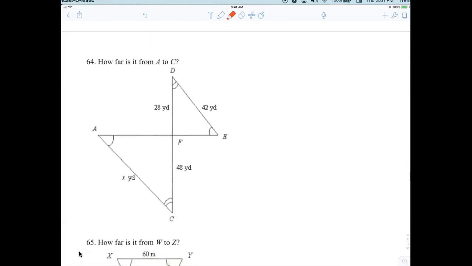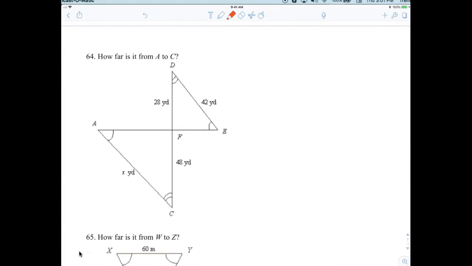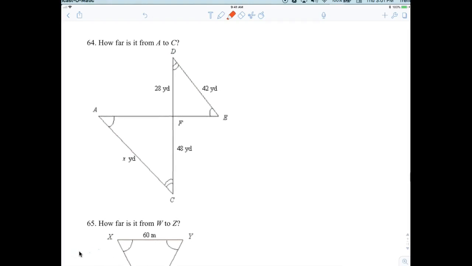Now, okay, I want to jump to 64 real quick because that's a twisted one. Carly, I want you to look up on the board and write my proportion for me, please. Shh. You are awesome.